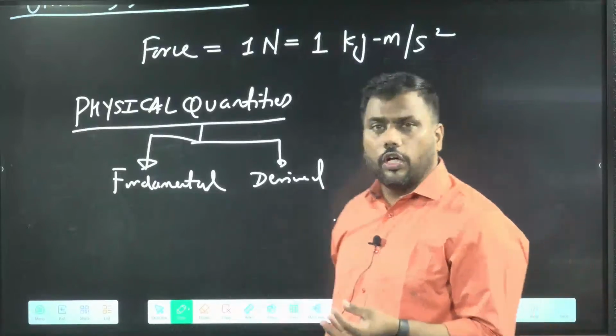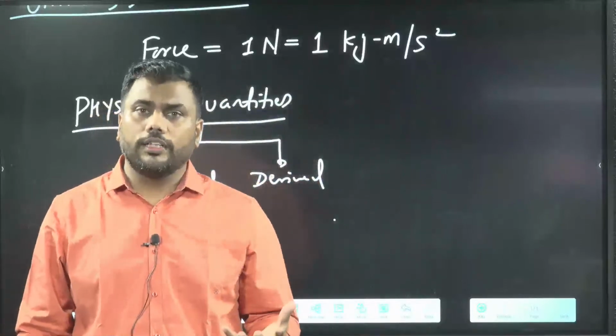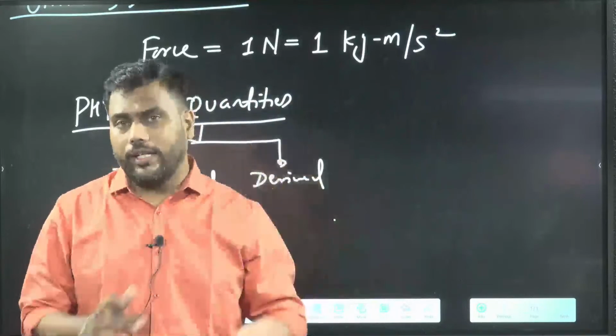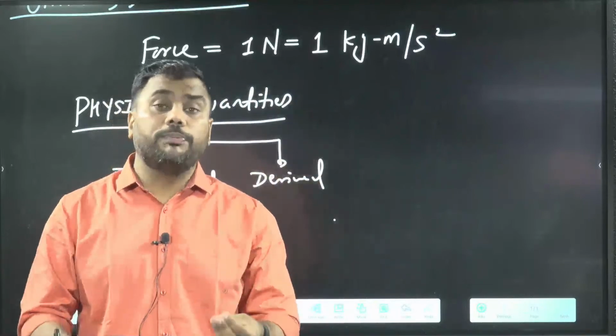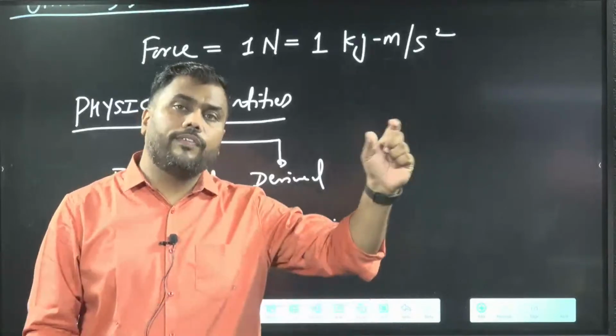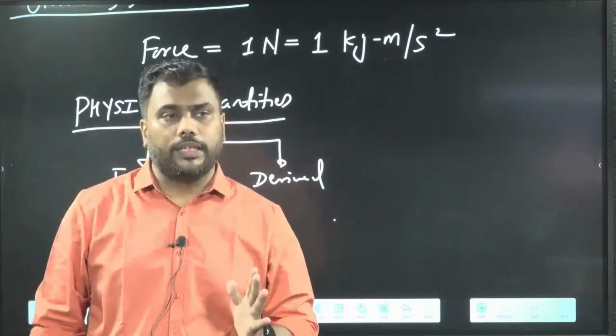For example, temperature is the measure of the degree of hotness or coldness of a body. We are not using any other physical quantity to define temperature. But if I ask what is speed, speed is distance traveled by time taken. Here I am taking the help of distance and time, which are 2 fundamental physical quantities, to define speed.